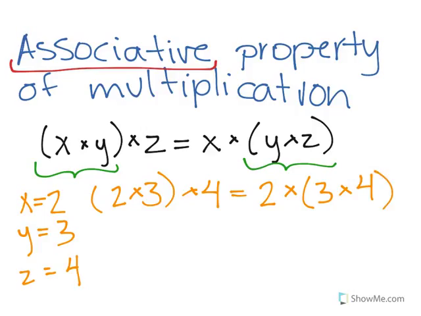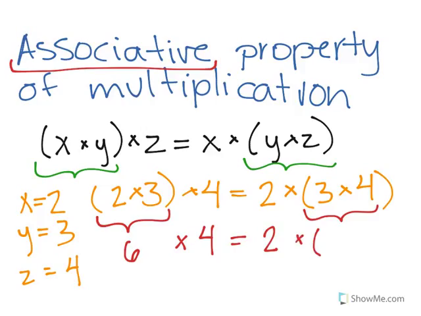So we will use what we learned in the previous video, I believe, and this is substitution. So we will substitute whatever is inside the parentheses. So instead of having 2 times 3, we will substitute that with 6 times 4, and then on the right side we will use substitution again, and instead of having 3 times 4, we will have 12, which is the same thing.